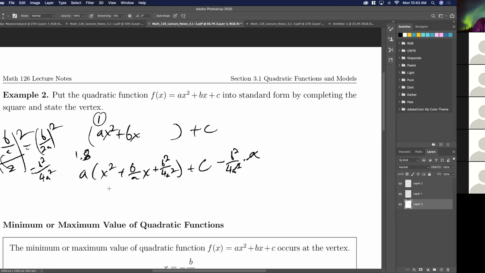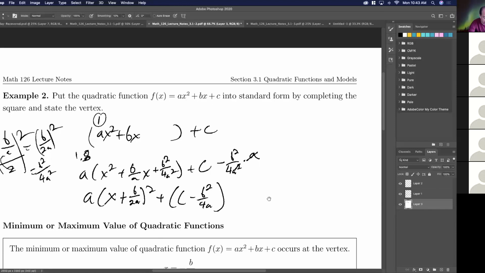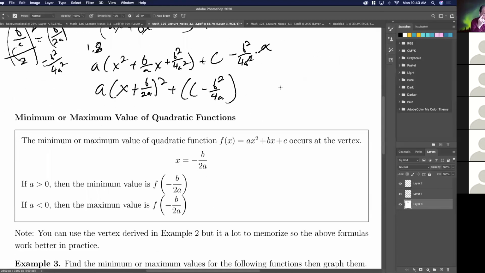And then I can factor this. This will be a times x plus b over 2a, squared, plus the quantity c minus b squared over 4a. The reason I show you all that is that now we have a formula, right?